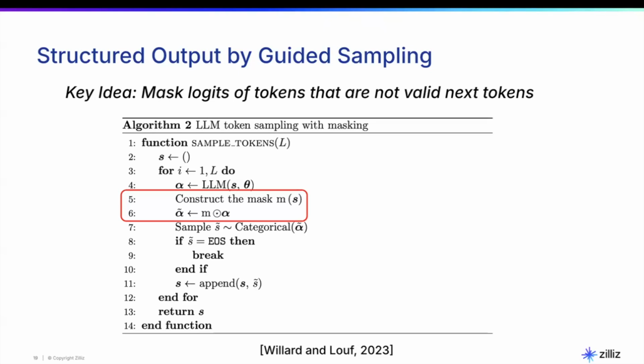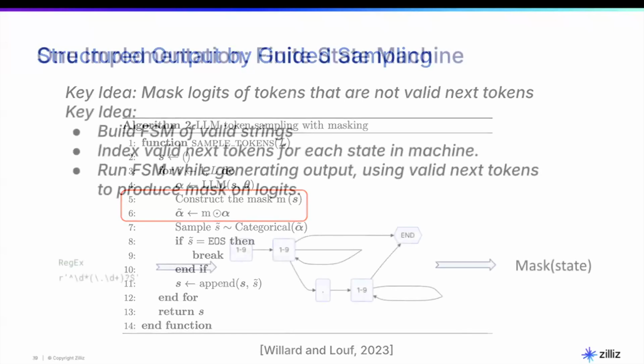That way it knocks out certain tokens that we don't want to sample next in order to give the desired structured output. So the challenge is how do we construct this mask in an efficient way? How do we construct it so that it matches a regular expression or a context-free grammar and so on?